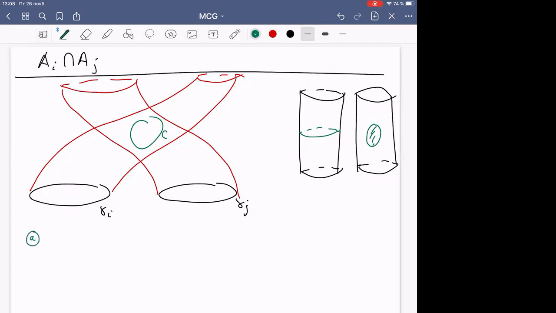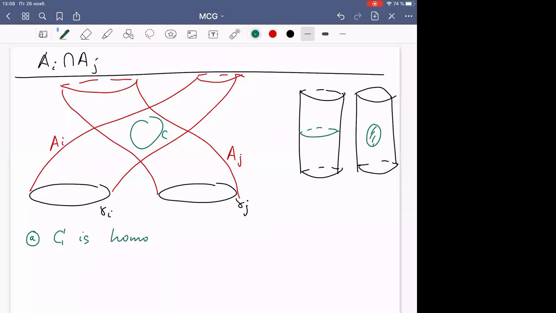First case: C lies in two annuli. I'm sorry, I sometimes say cylinder, sometimes annuli. C belongs to two annuli, AI and AJ.